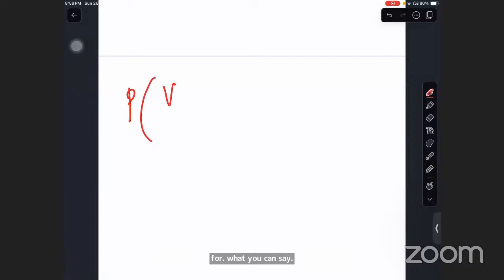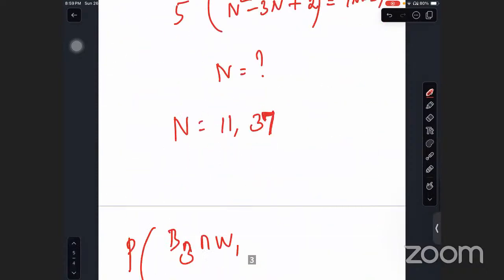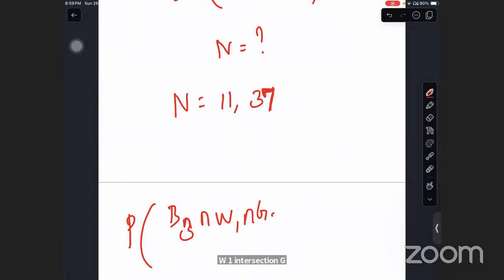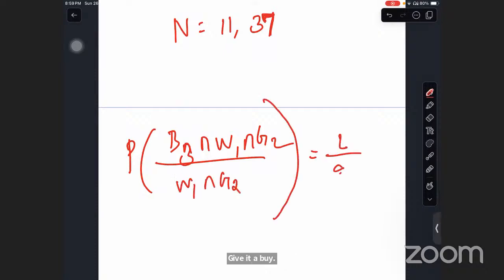So we can take B3 intersection W1 intersection G2 divided by W1 intersection G2. This is equal to 2 by 9, they have given.